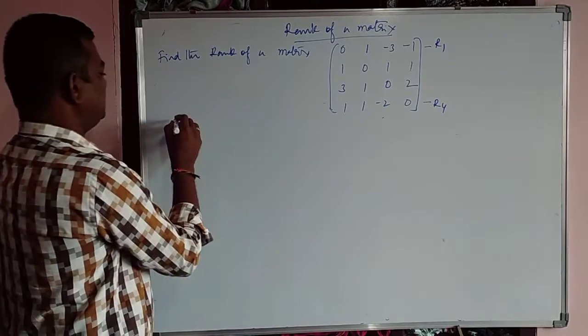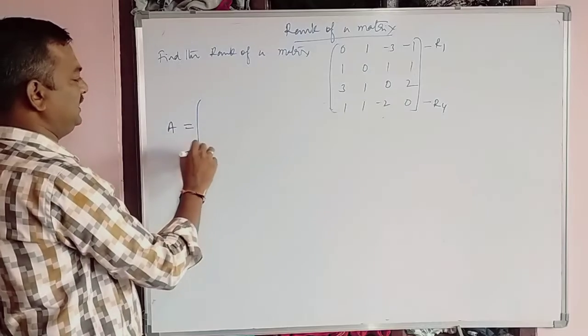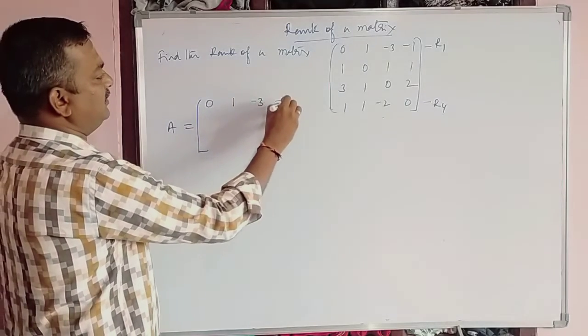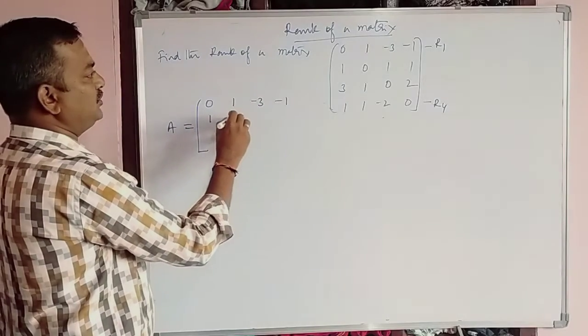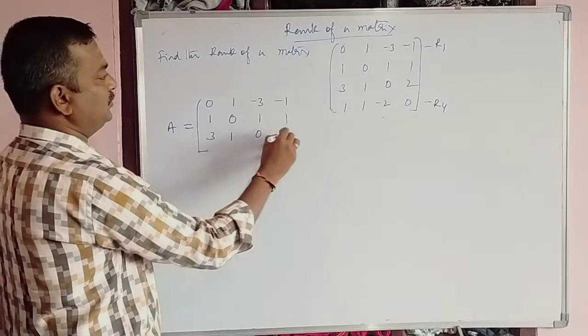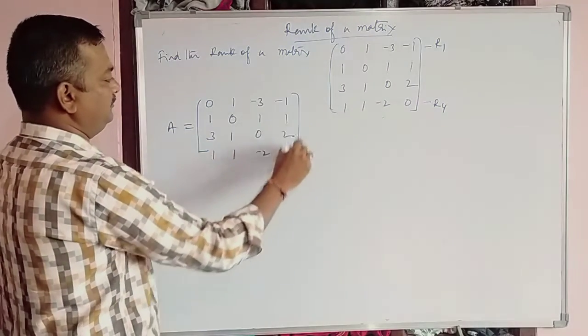Let us start with the matrix A. A is equivalent to, first write down, 0, 1, minus 3, minus 1, 1, 0, 1, 1, 3, 1, 0, 2, 1, 1, minus 2, 0.